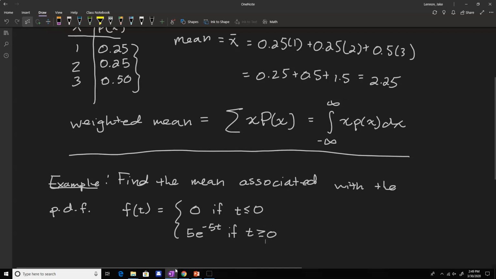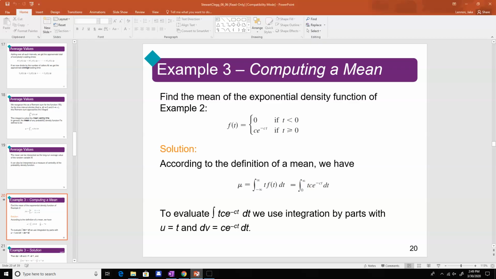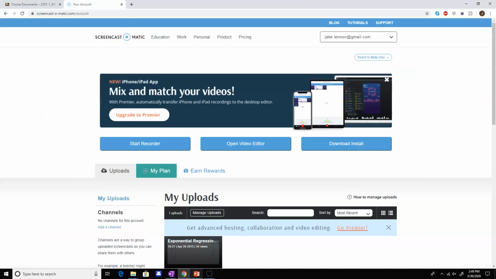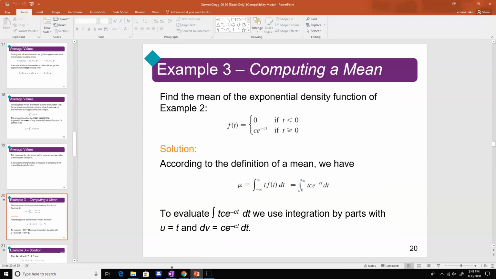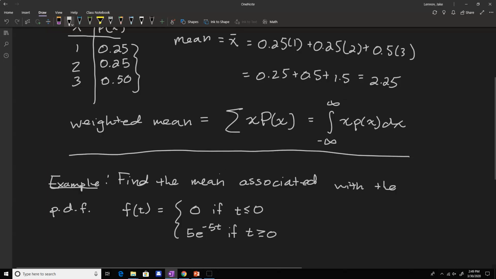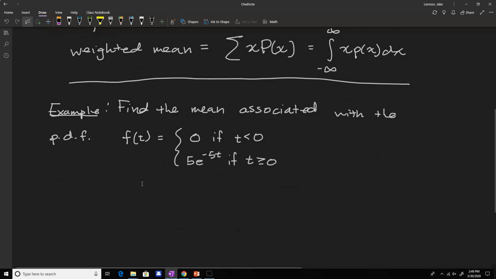Let me make sure I copied that down correctly. I forgot the negative. Okay, no, I didn't forget the negative. I got it right. This one does not need to be underlined. All right, that was the only issue.